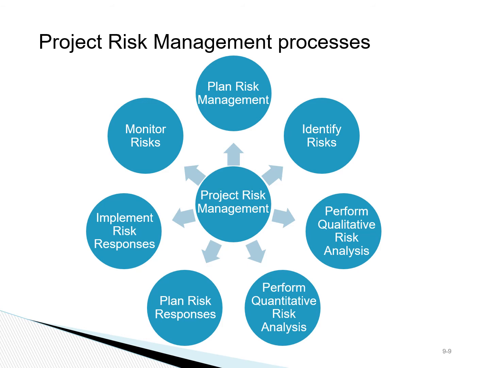These are the processes involved in project risk management, which are like other project management processes. There are a lot of similarities here, and you will see. Starting with planning how risk is to be managed on projects, then identifying the risks from various sources, and performing qualitative and quantitative assessments of risk that we have identified.